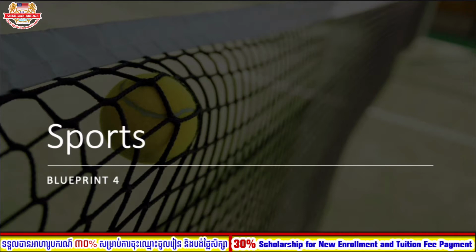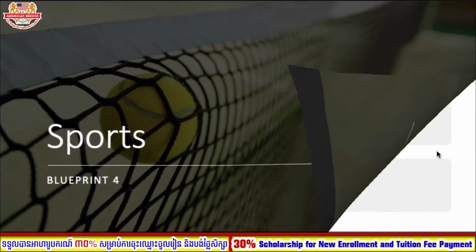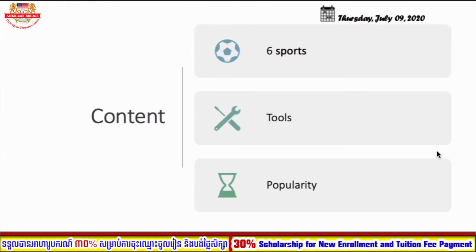So in today's video lesson, you are going to see 6 different sports, some of the tools that you need in order to play that sport, and one country where that sport is popular. The popularity of a sport can vary from country to country.